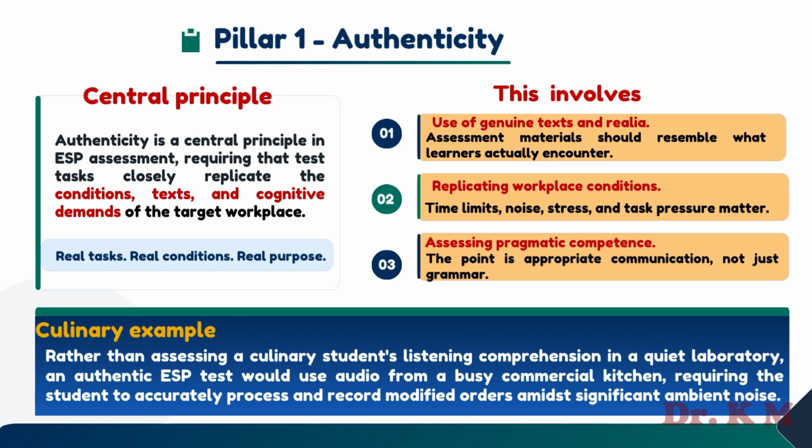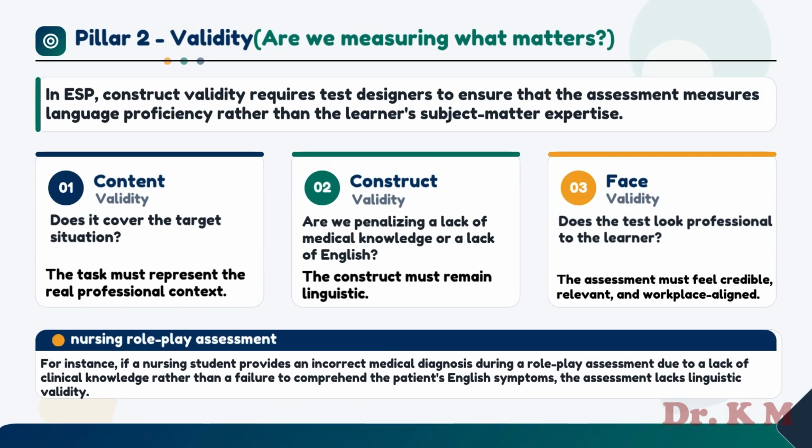For example, rather than assessing a culinary student's listening comprehension in a quiet laboratory, an authentic ESP test would utilize an audio recording of a busy commercial kitchen, requiring the student to accurately process and record modified orders amidst significant ambient noise. Pillar 2, Validity.